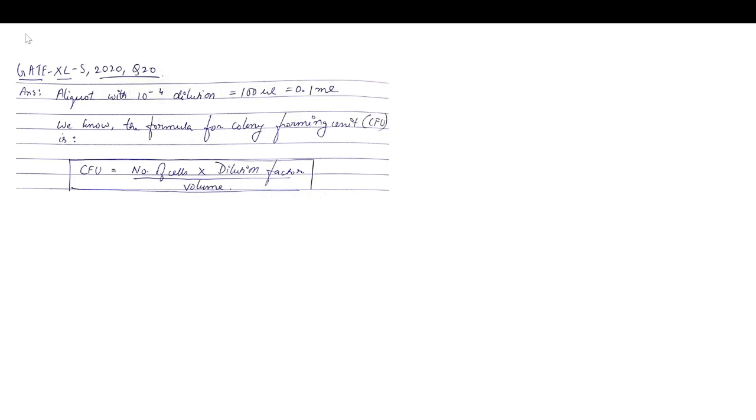So what is given? The aliquot with 10 to the power minus 4 dilution is 100 microliter. That means 100 microliter is the final volume that you have plated, which is 0.1 ml. Now we know the formula of colony forming unit: the number of cells multiplied by dilution factor divided by volume.